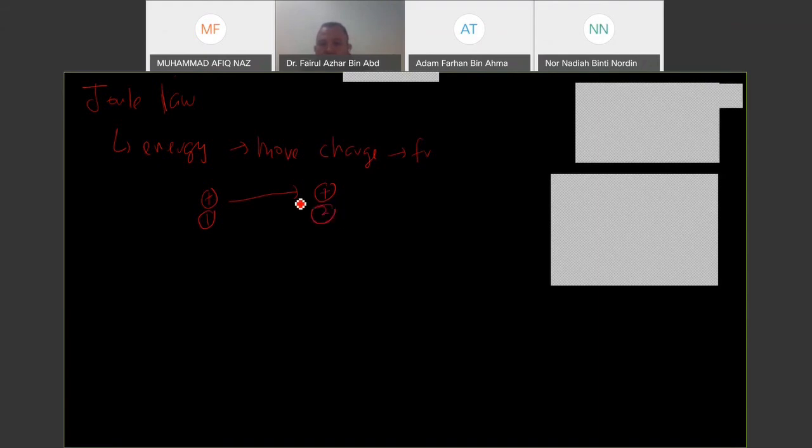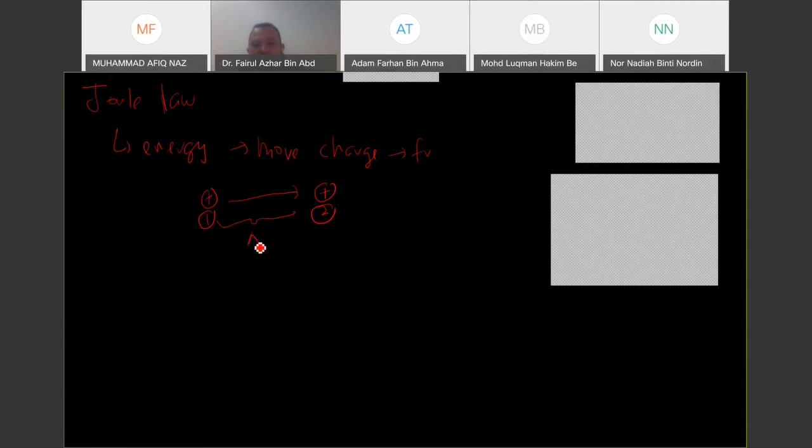In this particular case, the charge has been moved by delta L, which is the distance. So in the end we will have delta W, the change of energy, equal to Fe, the force that brings the charge from point 1 to point 2, multiplied by delta L, how much the charge has been moved.